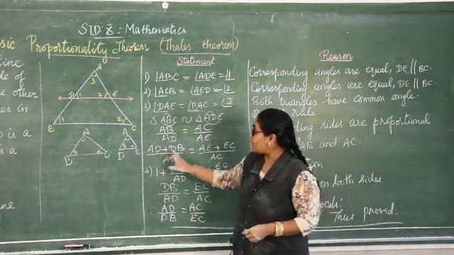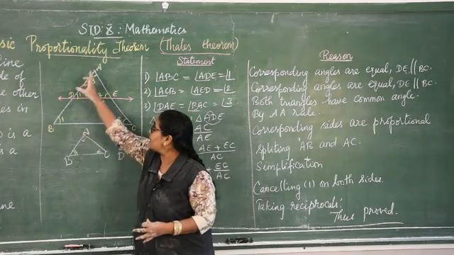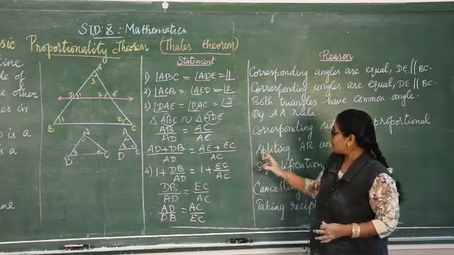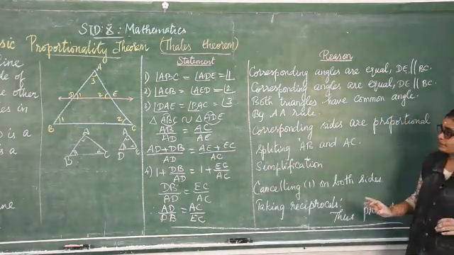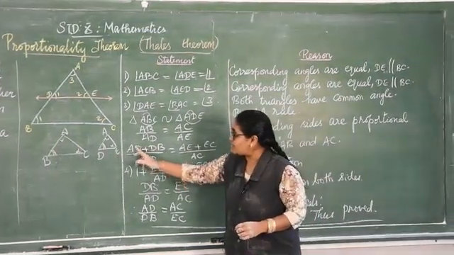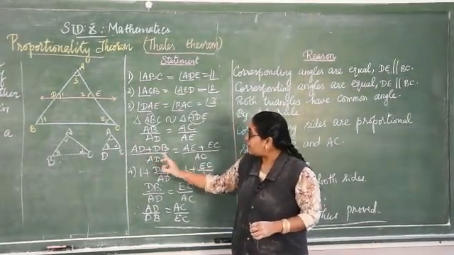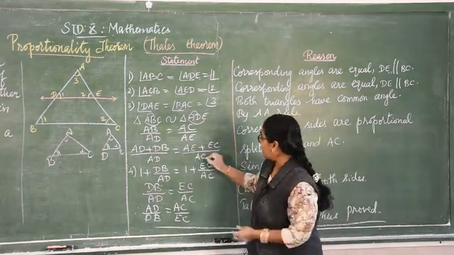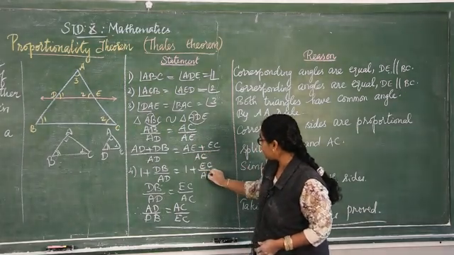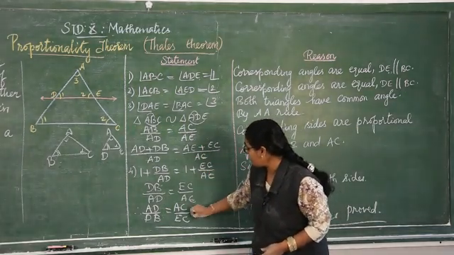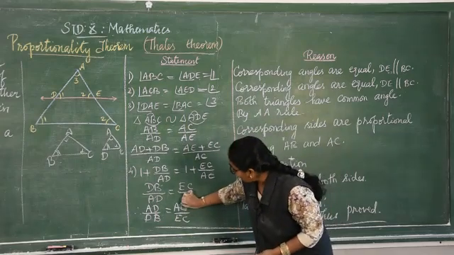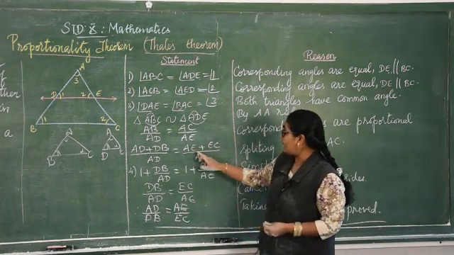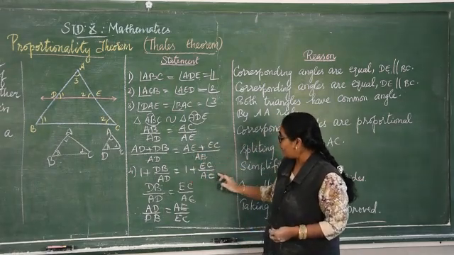This AB can be split up as AD plus DB, and AC in the same way as AE plus EC. So after splitting, when you divide this one separately, AD by AD, DB by AD, AD by AD becomes 1. The same way here, AE by AE becomes 1, EC by AE.